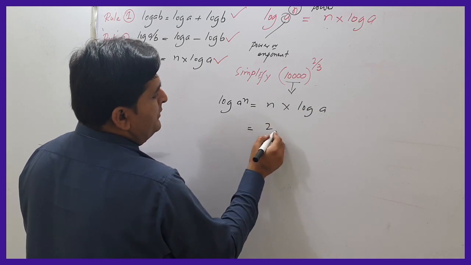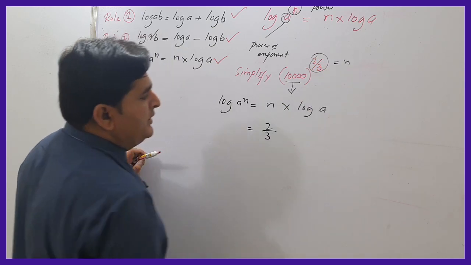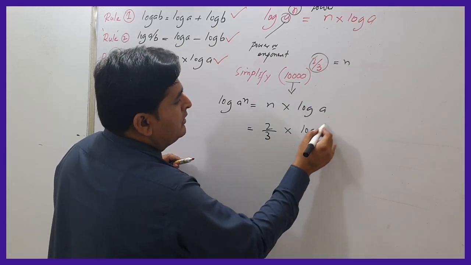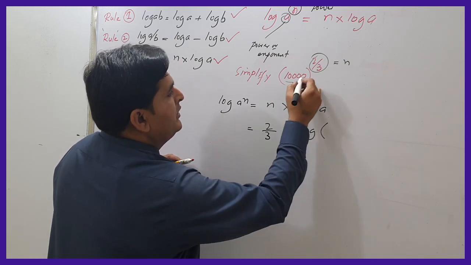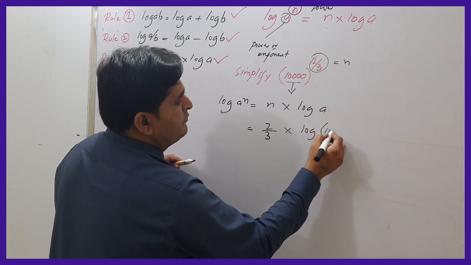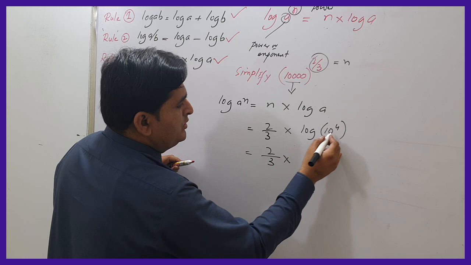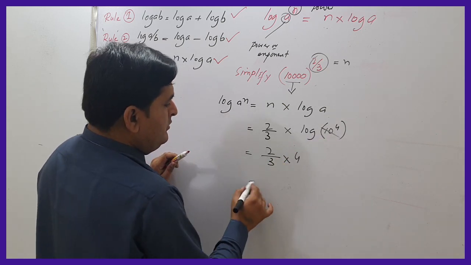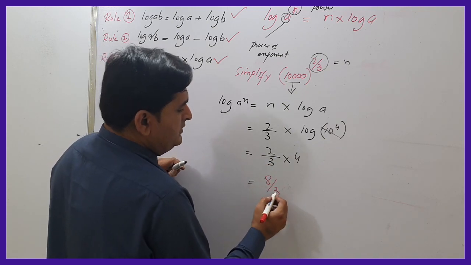So n is 2 upon 3, into log of 10 to power 4. So 2 upon 3 into 4, so the logarithm will be 8 upon 3.